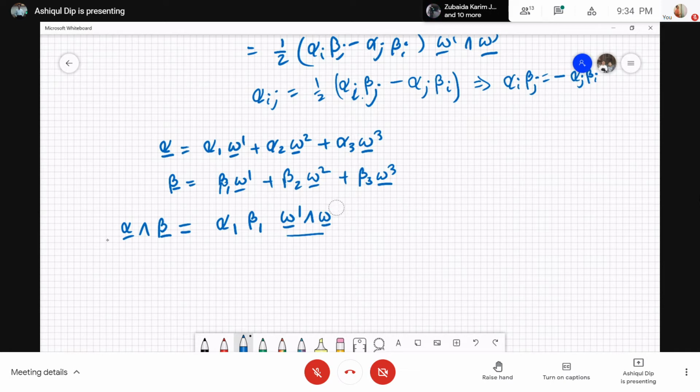Okay, let's write two more terms that will clear up a few more confusions. Alpha 1 beta 2 omega 1 wedge omega 2 and the corresponding opposite term, alpha 2 beta 1. I think you want to see this part as well, right?